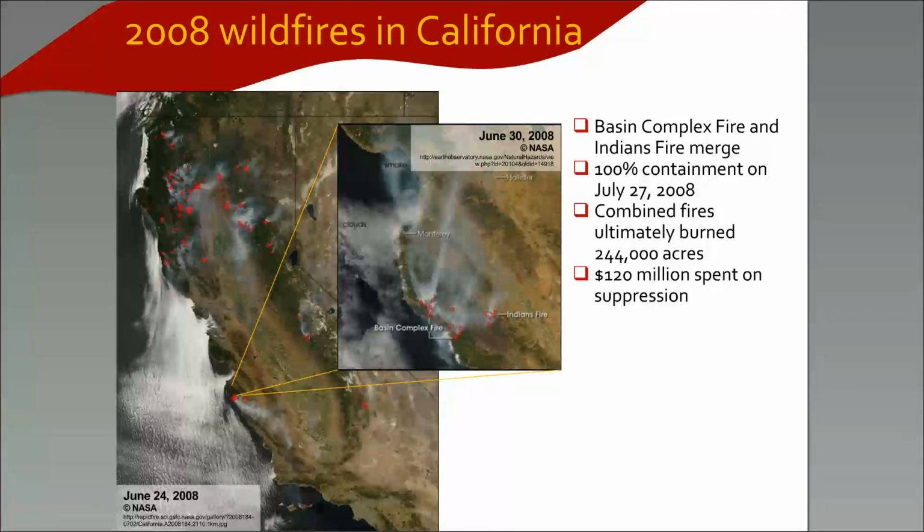They weren't contained until July 27th, and the combined fires ultimately burned 244,000 acres, which makes it one of the largest recorded wildfires in California's history. About $120 million was spent on suppression of this fire, which makes it, by some estimates, the most expensive wildfire in California's history.